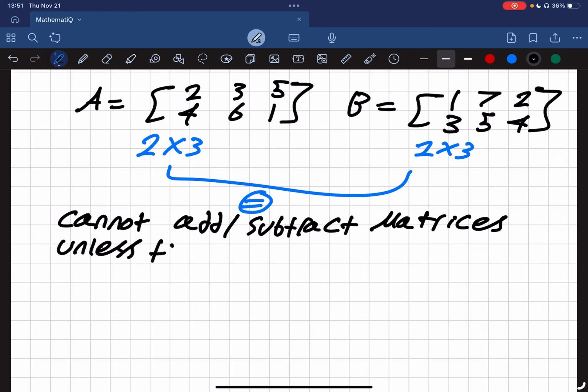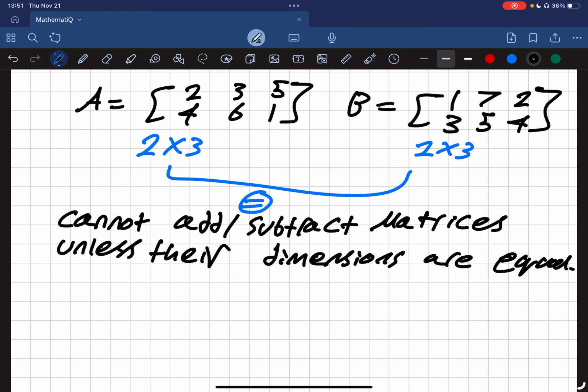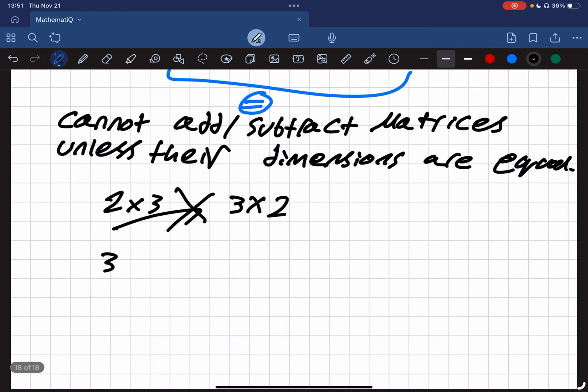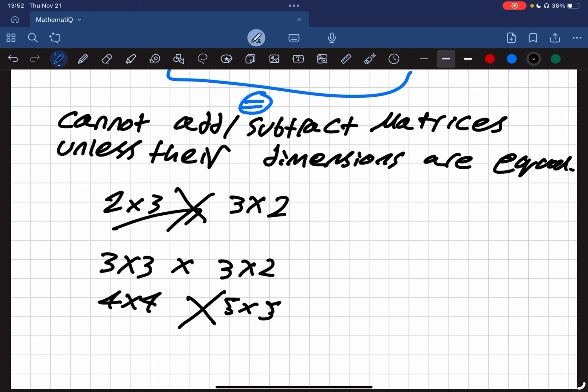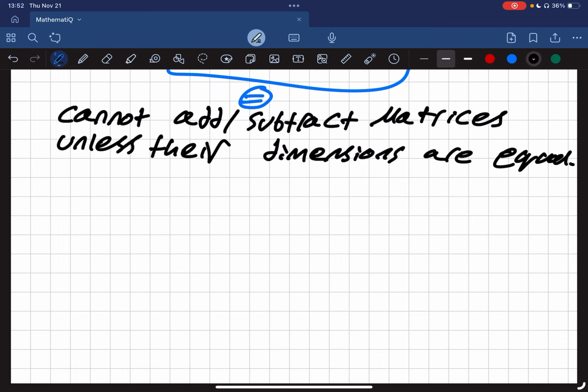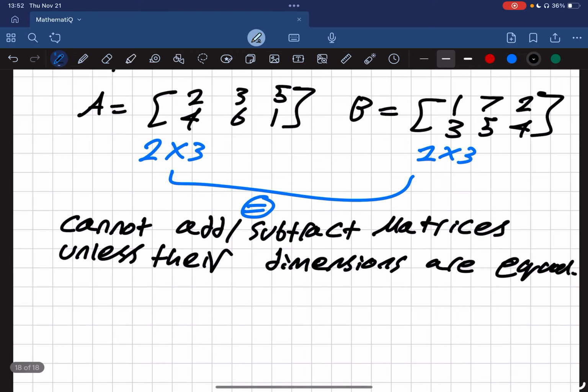Okay, so if you have a 2 by 3 and a 3 by 2, you can't add this, it's not going to work. If you have a 3 by 3 and a 3 by 2, this is not going to work. A 4 by 4 and a 5 by 5, this is simply not going to work. Okay, so this is a very important point, that the dimensions of the matrices have to be identical.